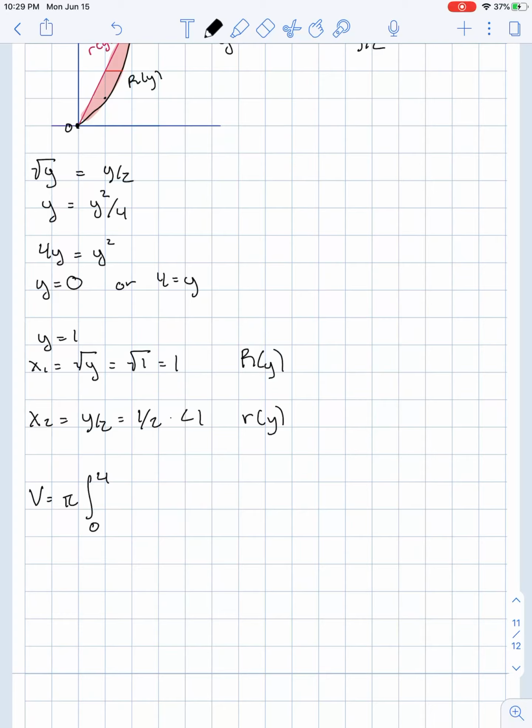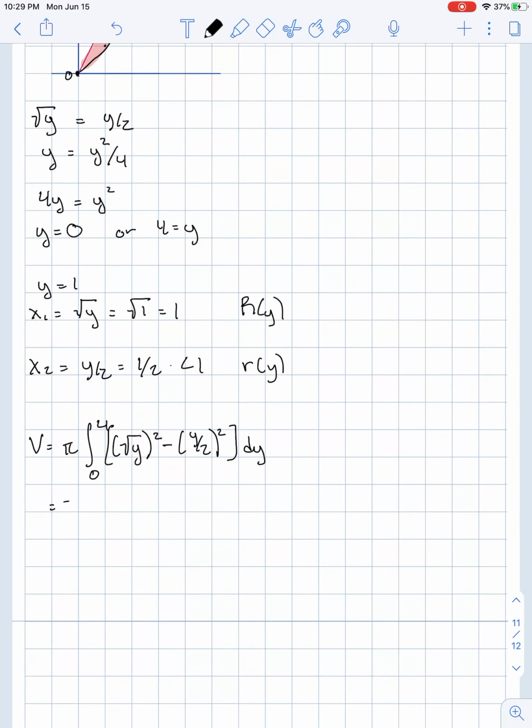From 0 to 4, I haven't pulled my pi out, so we're going to take the square root of y and square it, and then I'm subtracting y over 2, and I'm also going to square that. And so that I am mathematically correct, big parentheses around it, times dy. All right.